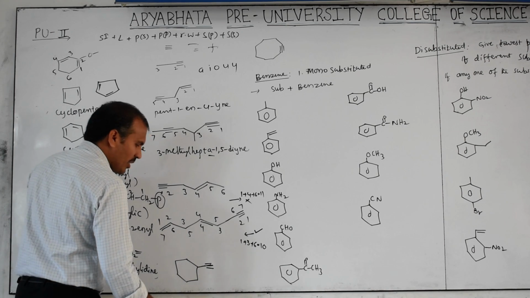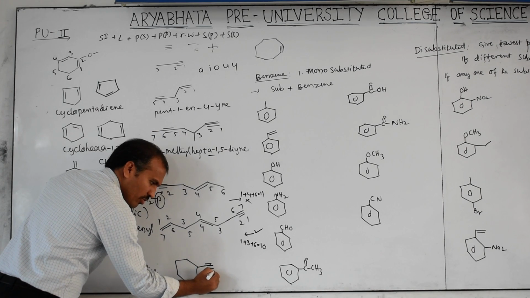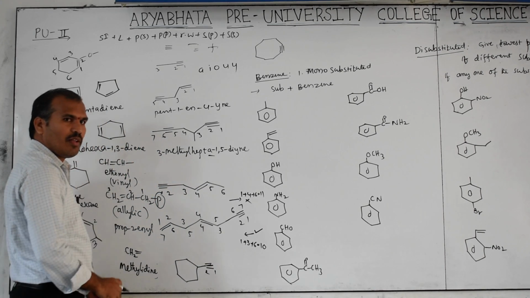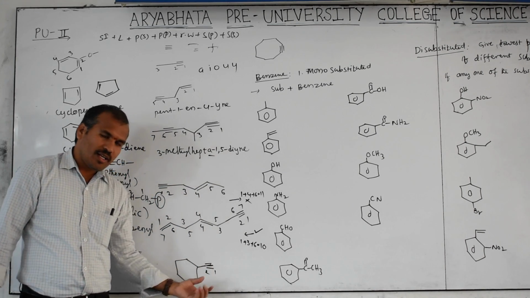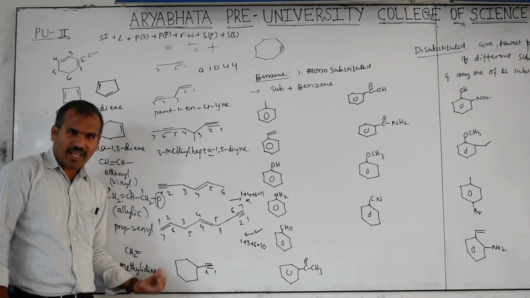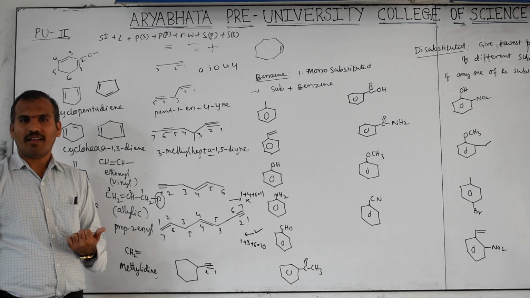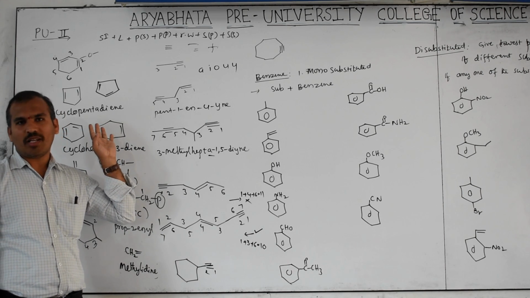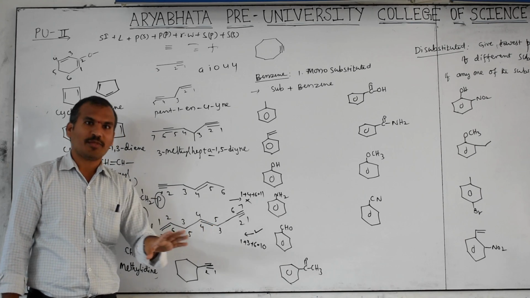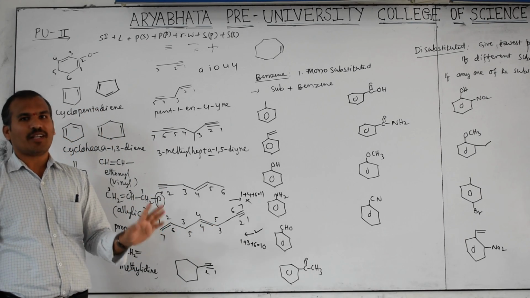Here how many carbons are there? 1, 2. Yes or no? There are 2 carbons. Now which one is chosen as the principal carbon chain, the side chain or the ring? Just recall cycloalkanes. When the functional group is present in the side chain, that is the principal carbon chain.